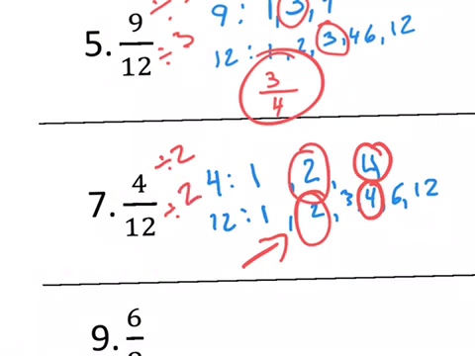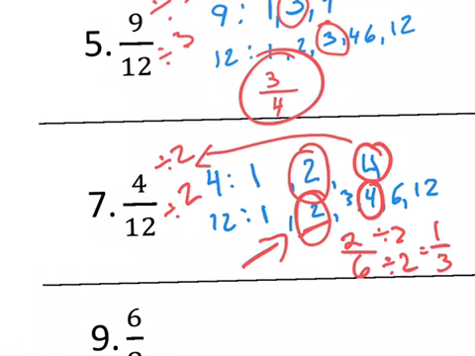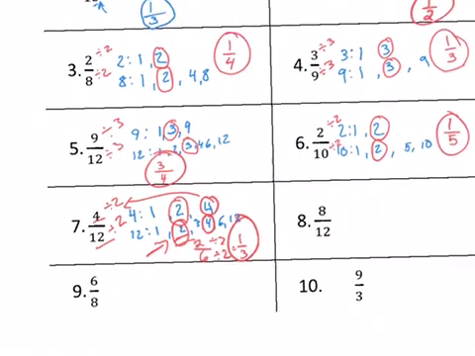And 2 goes into 4 twice, and then it goes into 12 6 times. And then you would list out factors again, or just realize that you can simplify it by 2 again. And you get 1/3. If we divided it by 4, you would get 1 when you divided there, and 3 when you divided there. You'd get 1/3. So you can simplify it by the smaller number. It just makes more work for you in the long run.